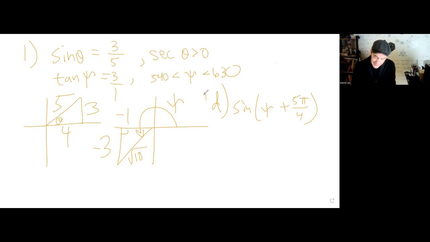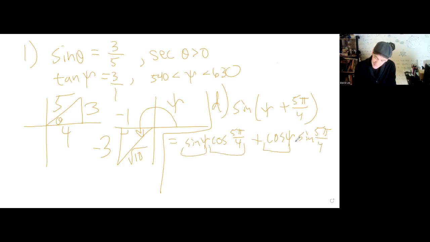That formula would say that this equals sine A times cosine B plus cosine A times the sine of B. So we have 4 pockets, 4 individual pieces to deal with.